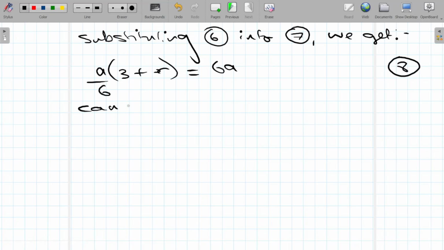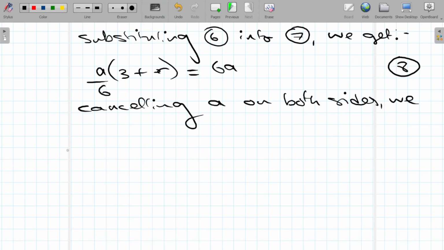Cancelling a on both sides, we get 3 plus x over 6 equals 6.